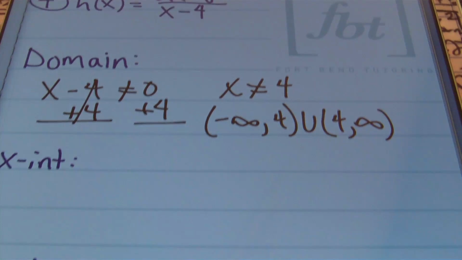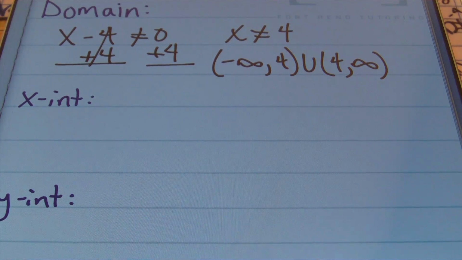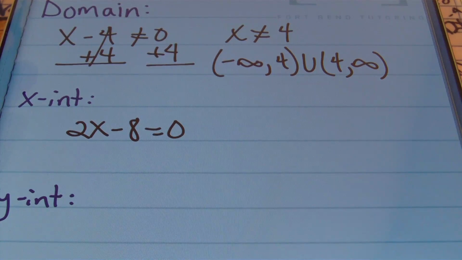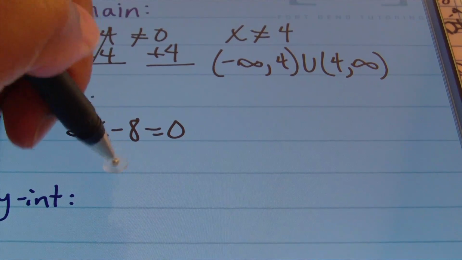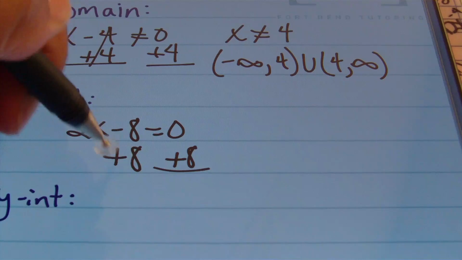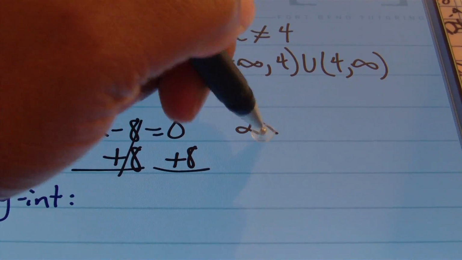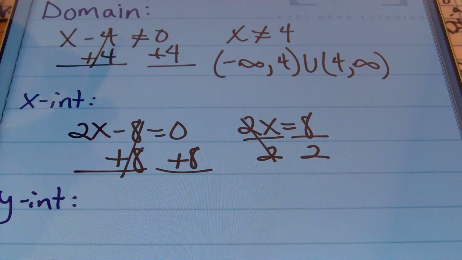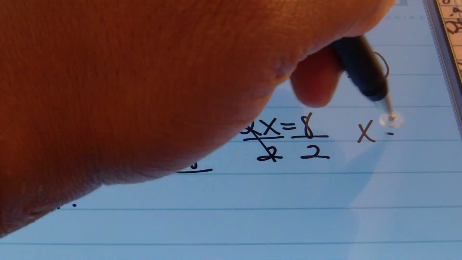Now, as far as the x-intercept is concerned, that means I'll be setting the numerator equal to 0 and solving for it. So my numerator is 2x minus 8 equals 0. Solving for x, I'd add 8 to both sides to get 2x equals 8, and then divide both sides by 2. So this tells me that x equals 4.